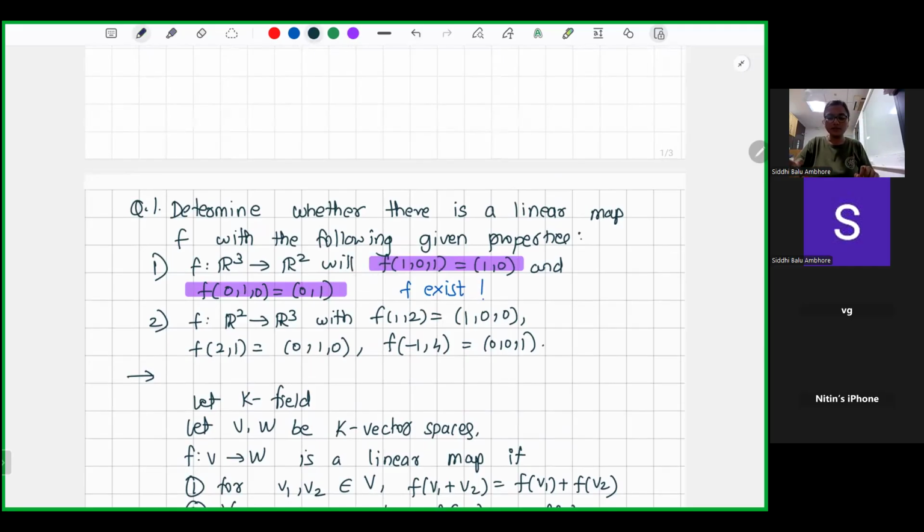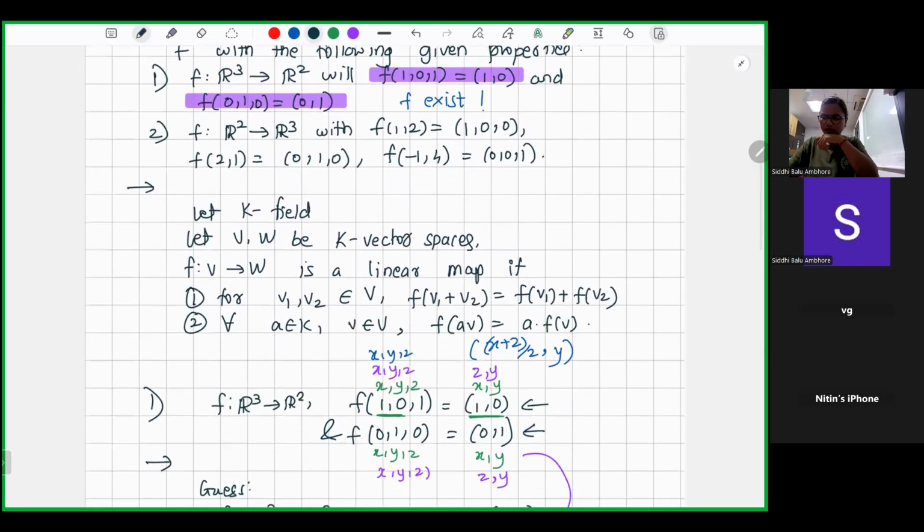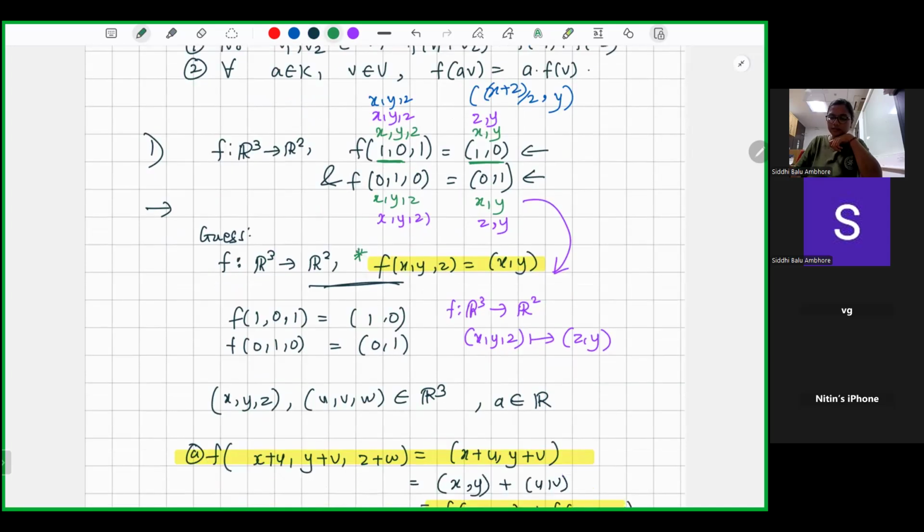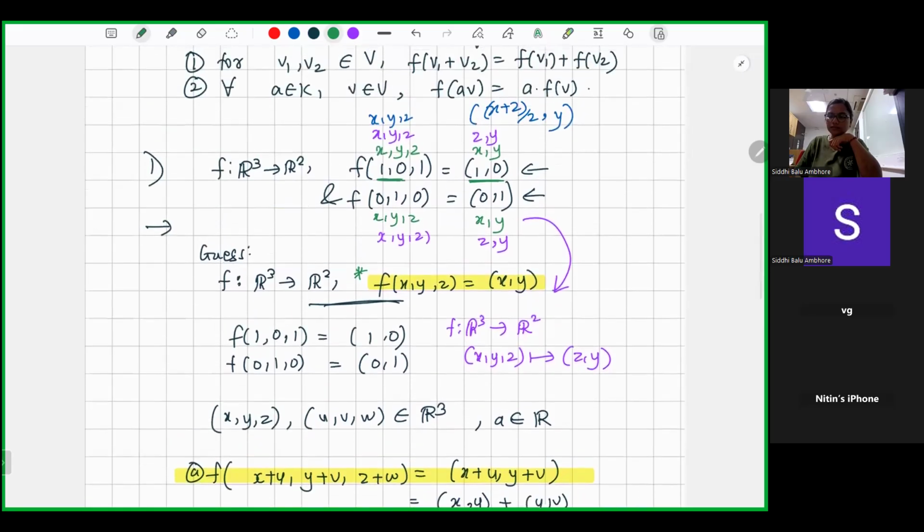So it need not be this f x y like here. If you go a little up, f of 101 is equal to 10 in the first one. This 10 can be x y also, can be x z also, can be y z also. Not all. I mean, if I take x z, then in that case this will be 1 comma 1, right?